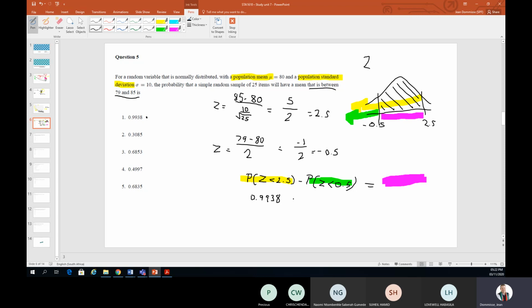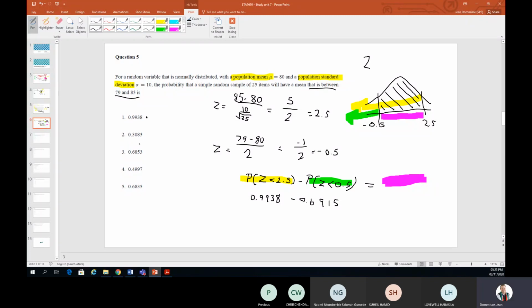There it is, minus the probability of 0.5, which is 0.6915. I am surprised that that number is not also in here, but there is the opposite.